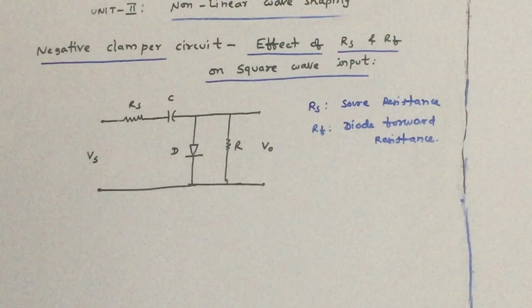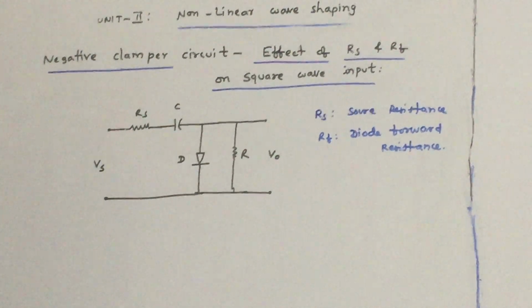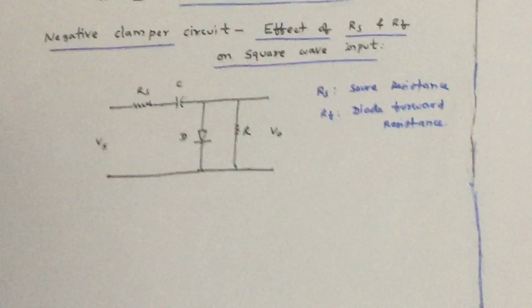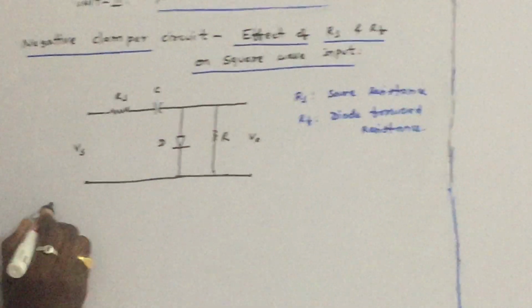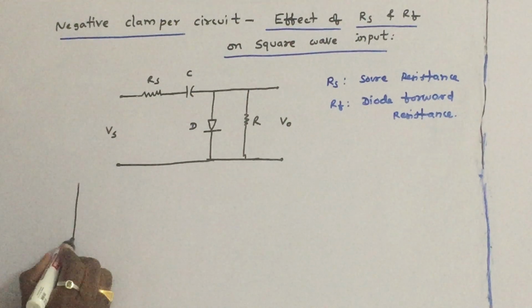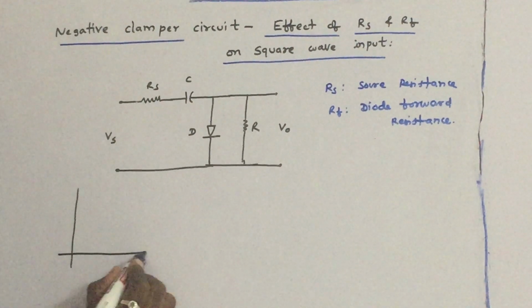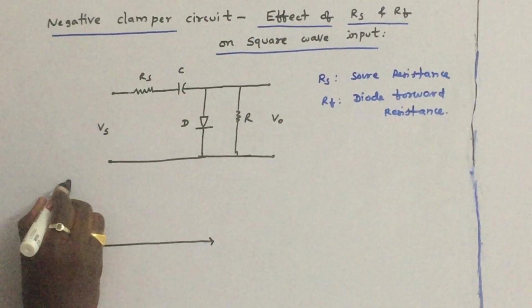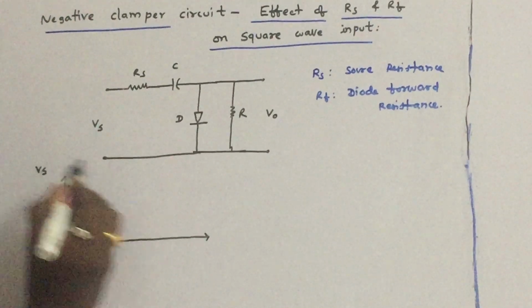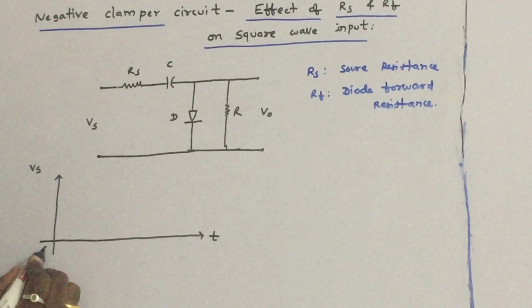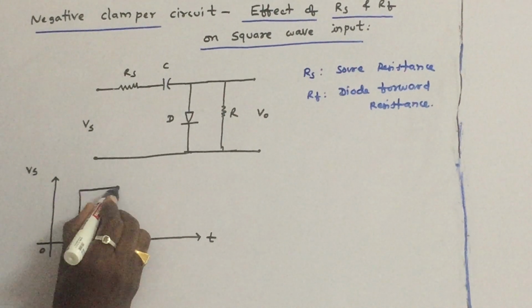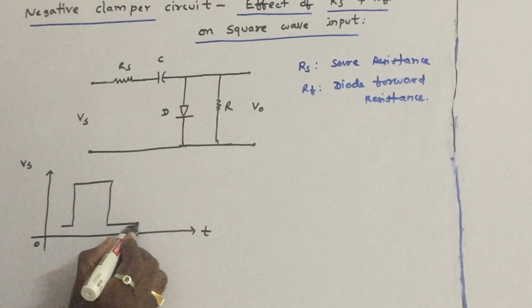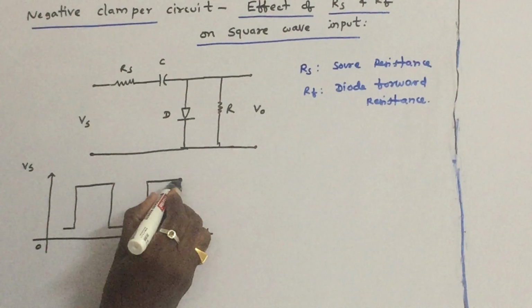Now, for this circuit we are applying, remember, a square wave input. So let us say this is your Vs versus T, with 0 here. I am applying a square wave input like this to the circuit.